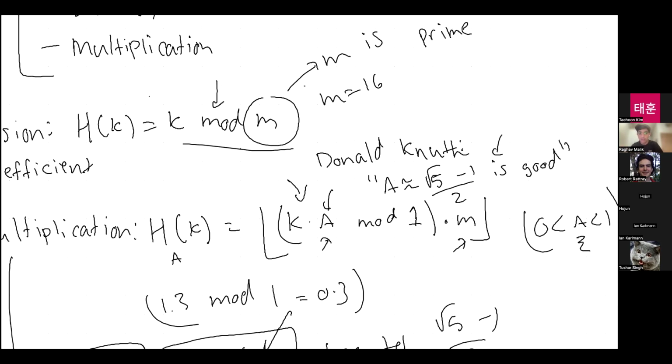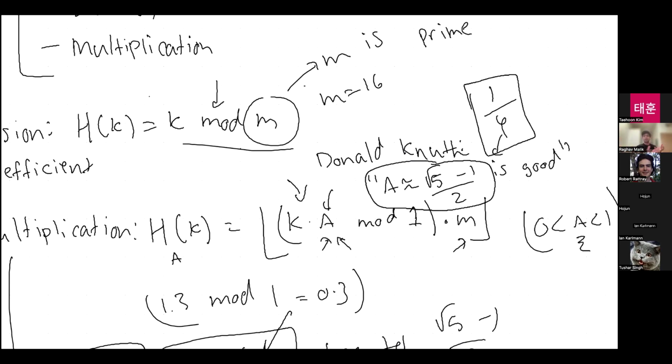That's why picking something irrational for a helps. If I multiply by this irrational number, I guess it's not that weird, it's like 1 over the golden ratio, which is very, very irrational. Honestly, that's probably why Donald Knuth thinks it's a good number.